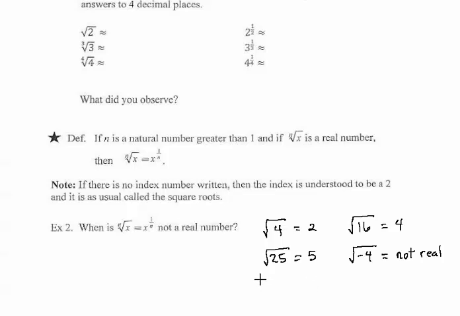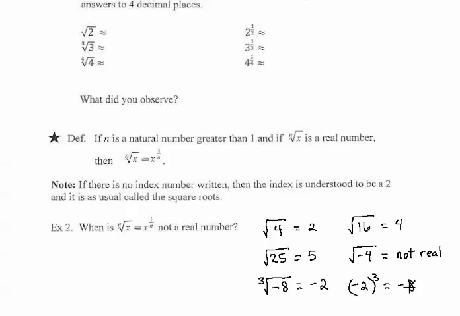However, if we change the root number to a cube, and we toss a negative number inside the radical, for instance negative 8, we don't run into any problems. The answer is negative 2, simply because if we take a negative 2 and raise it to the 3rd power, we get back a negative 8.